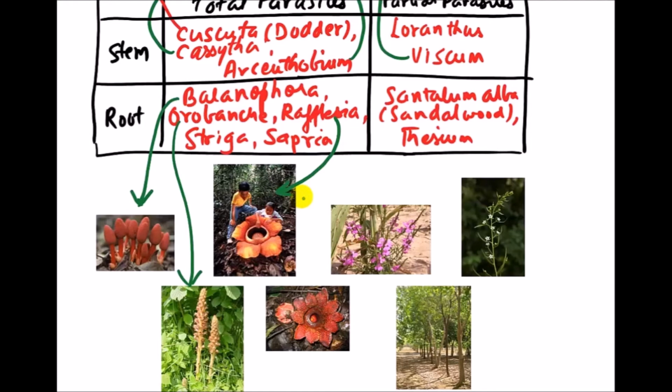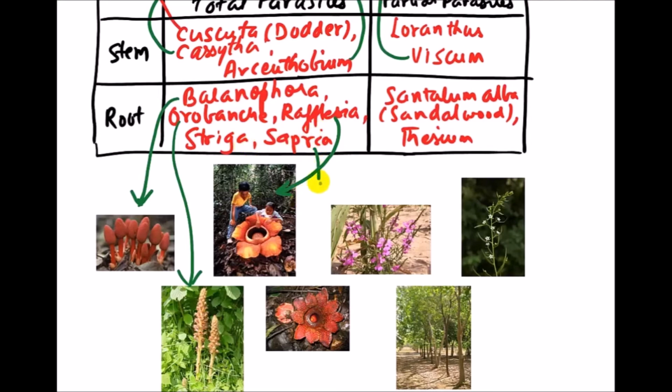The visible part is the 5-petaled flower, and it is also known as the corpse flower because it has an intense odor of decaying flesh. Pollination is done by flies and beetles, while seed dispersal is done by tree shrews. This flower lasts for only a few days and is one of the 3 national flowers in Indonesia.